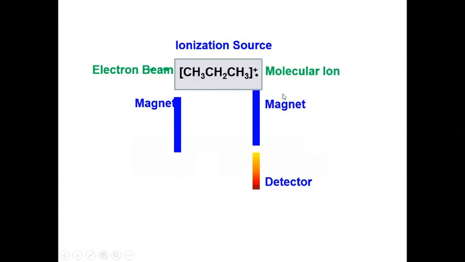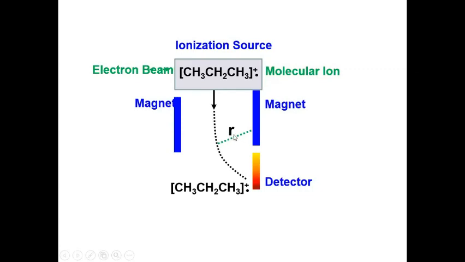Then this molecular ion passes through the magnet and reaches the detector in the mass spectrometer. Here we can see the molecular ion follows a curvature.